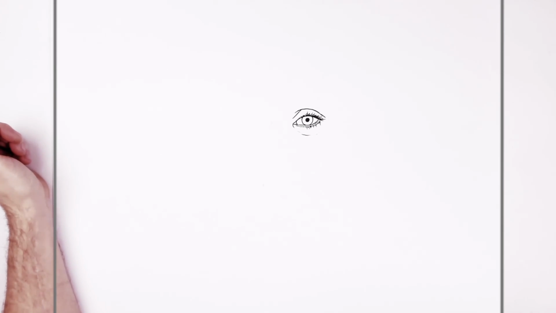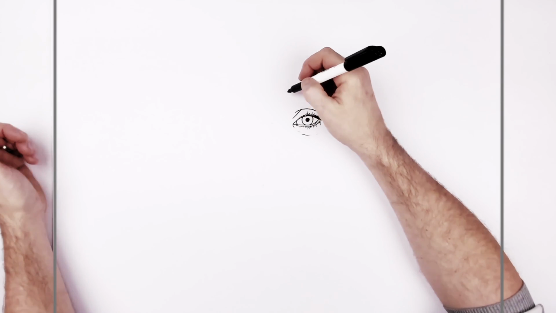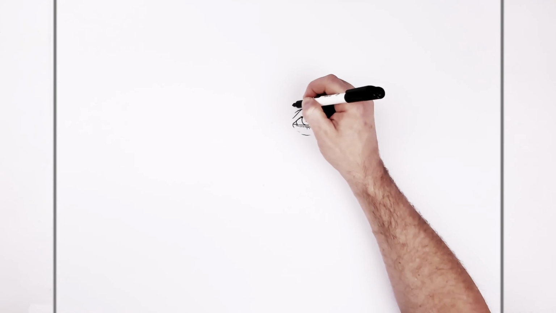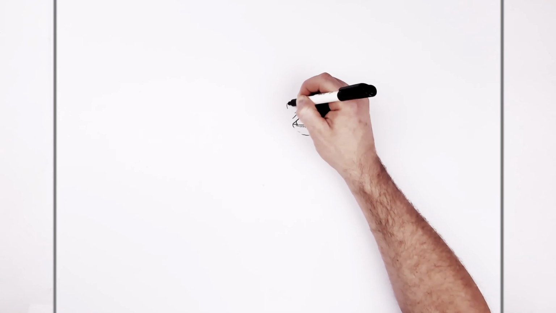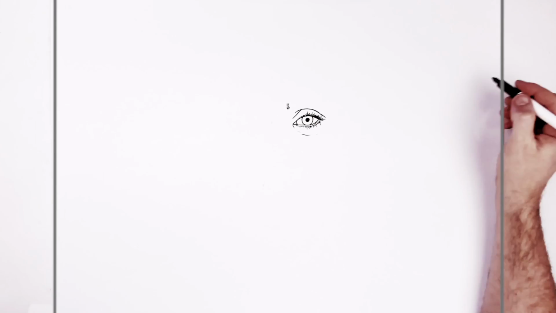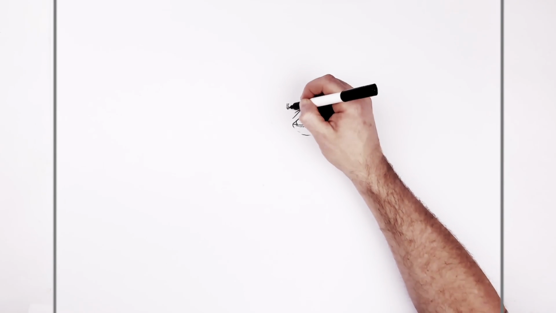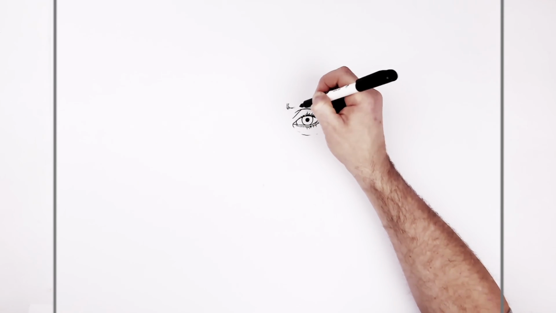So his eyebrow sits right out on top of the eyelid line here. We'll start a little bit hairy just here, with a few hairs. And then we'll add our standard eyebrow shape. It comes right across the top of this eyelid line.